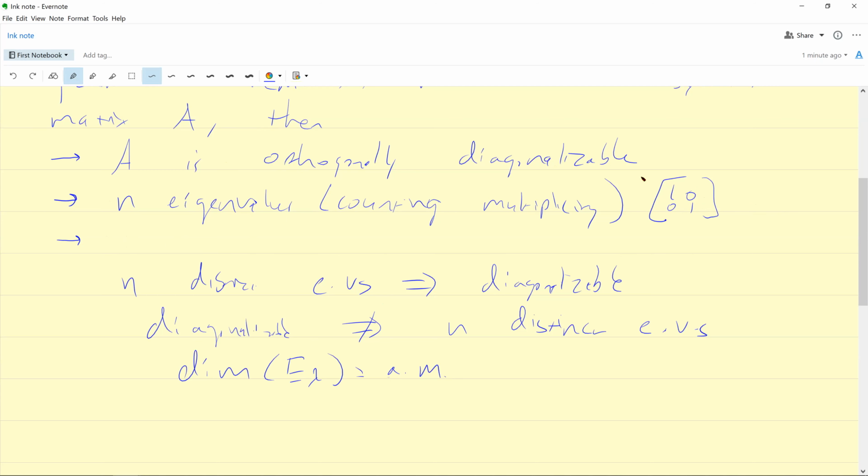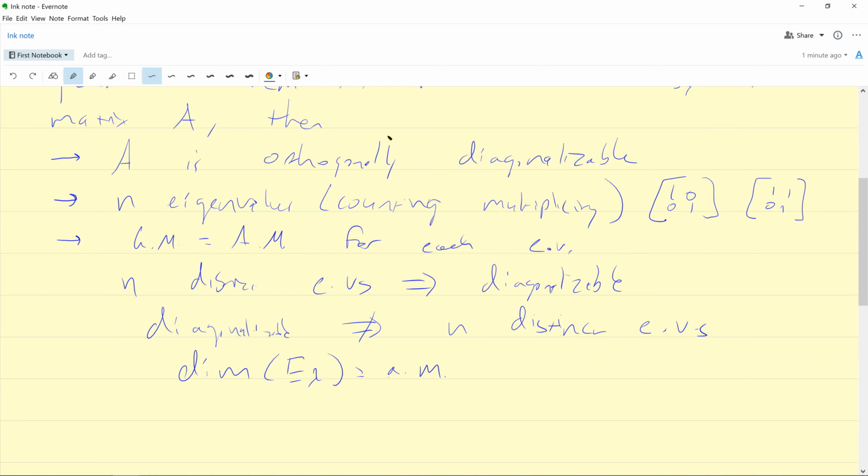With non-symmetric matrices, we had examples where your eigenvalue shows up twice, but your eigenspace is one-dimensional. For symmetric matrices, this will never happen. You'll always have geometric multiplicity equal to algebraic multiplicity for each eigenvalue. So that covers the diagonalizability part.